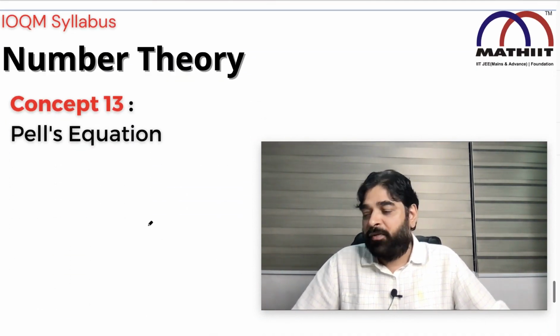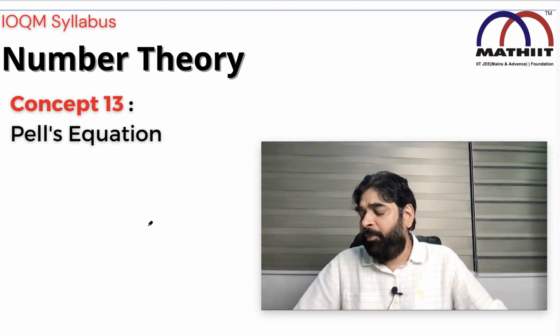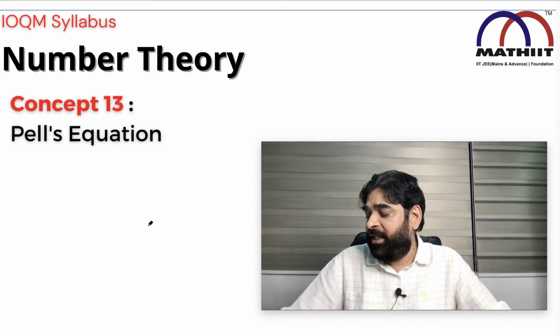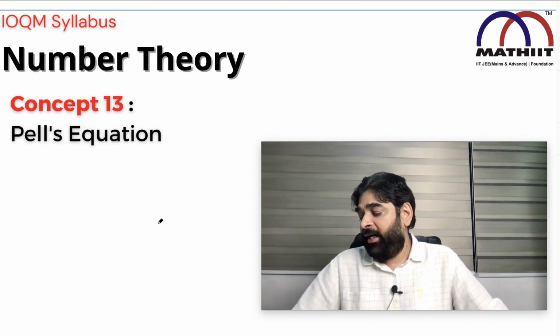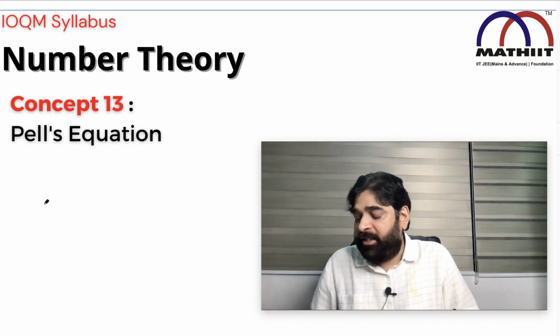Next is the Pell's equation. Pell's equation is not very important for the first stage of IOQM. Actually, it will be important for the next stage, but still I mentioned that one.